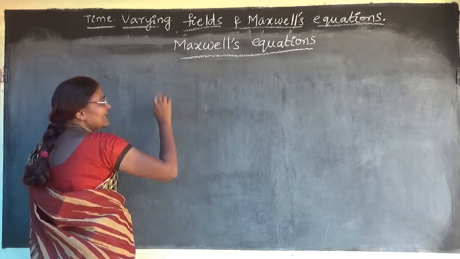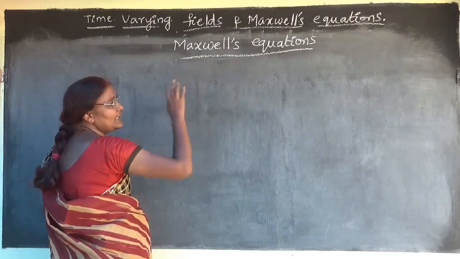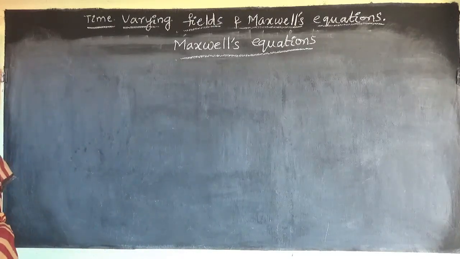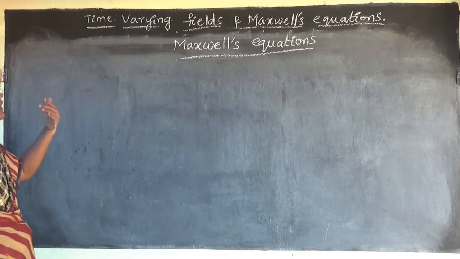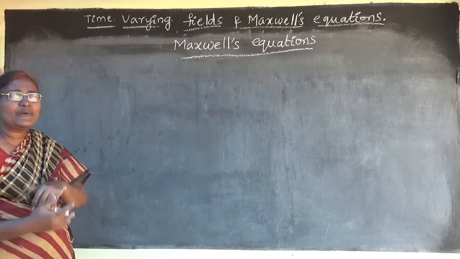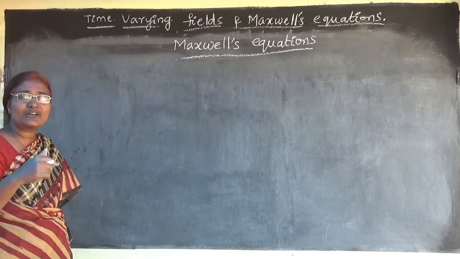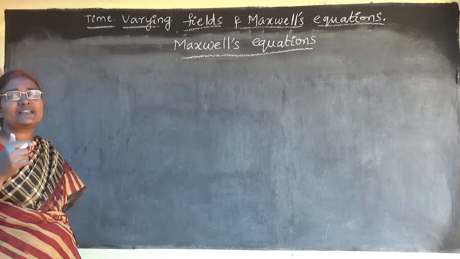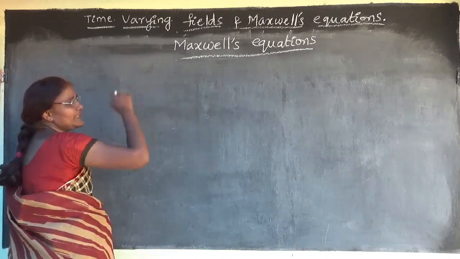In a static magnetic field also, if you know the magnetic field, you can't find the electric field. Whereas time varying fields have dependent magnetic and electric fields, and this dependency of electric field quantity with magnetic field quantity is identified by Maxwell.